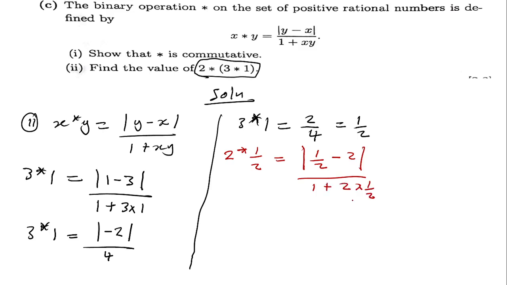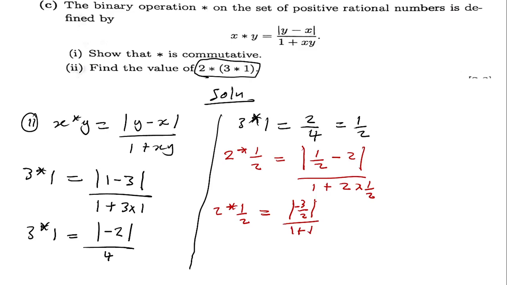So this 2 star 1 over 2, you work out the math there, will simply be negative 3 over 2, over 1 plus 1, because we know that 2 times half is 1.